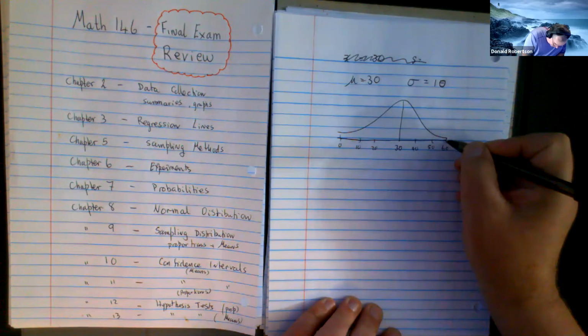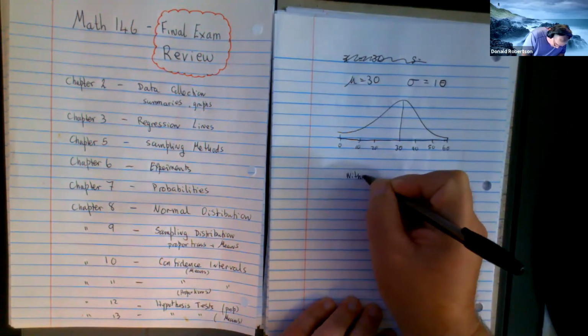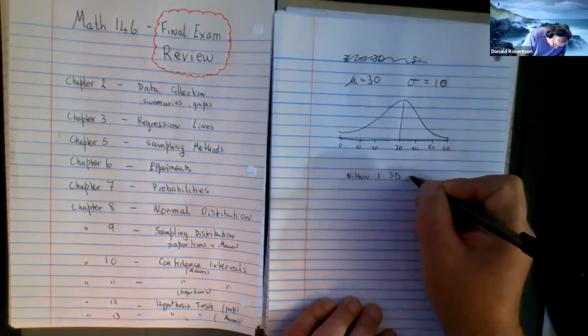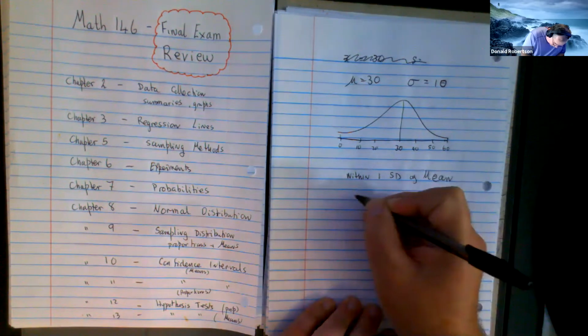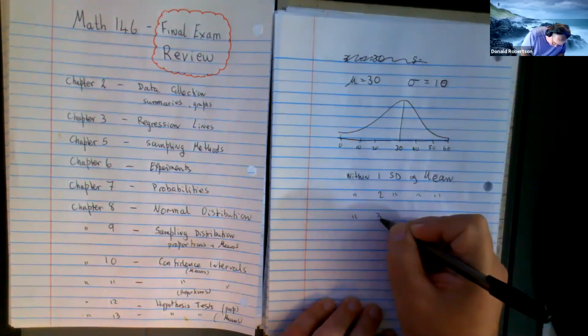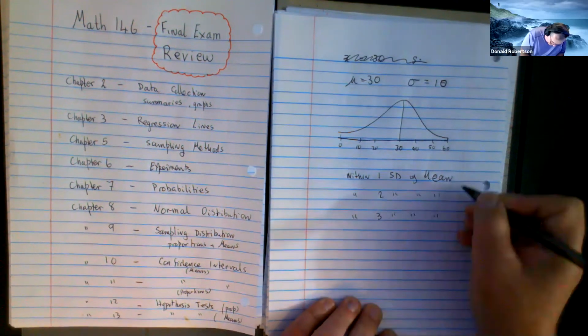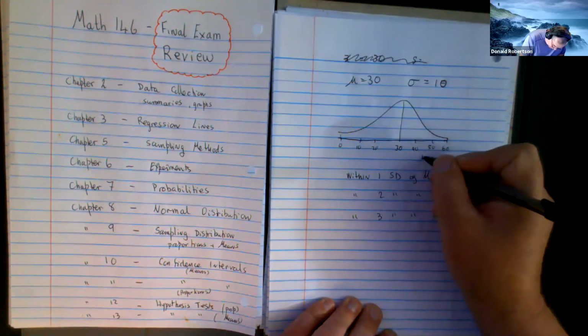This will test your memory. Within 1 standard deviation of the mean, within 2 standard deviations of the mean, and then within 3 standard deviations of the mean. In this textbook, at least, it's called the empirical rule.